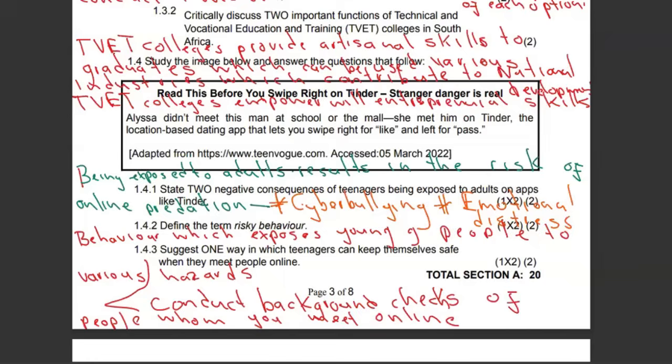Then in addition to that, when you meet people online, you can also share plans with a trusted person. Do not divulge personal information. You must stay away from divulging personal information.